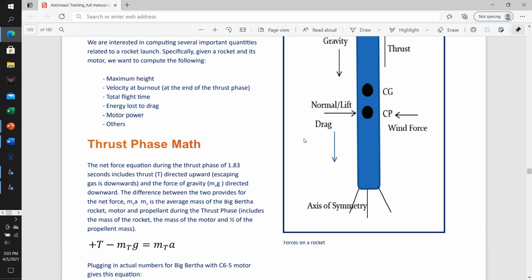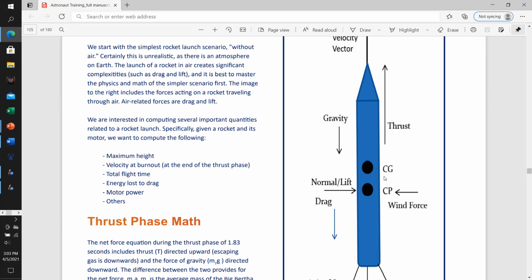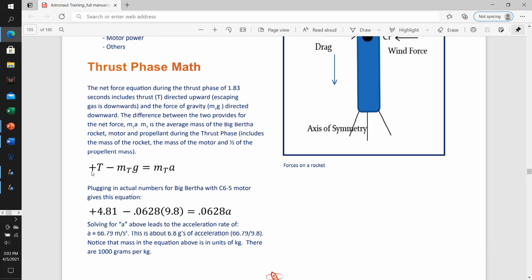Okay, so during the thrust phase, there are two forces acting on this rocket. And again, we're launching this rocket without air. So you've got thrust up and gravity down. And here's the equation. So plus thrust, minus mass times g, that's the gravitational force on the rocket, is equal to ma.